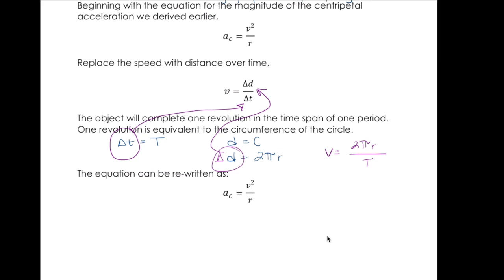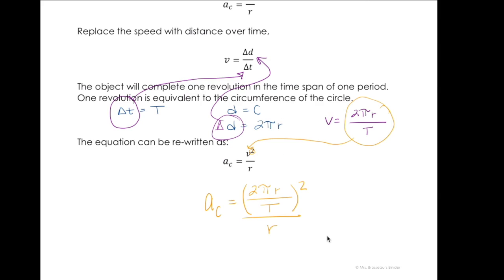Now I have a new V. What I can do is take this that's equal to V and plug it into this equation. When I plug this in for V, the equation is a little funky, but when we go through and simplify, we are left with AC equals 4 pi squared R divided by period squared.